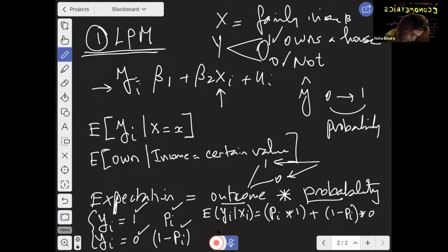And then this part is times 0, so it's cancelled. This is times 1, so it's simply pi. So my expectation of yi given xi is equal to pi.